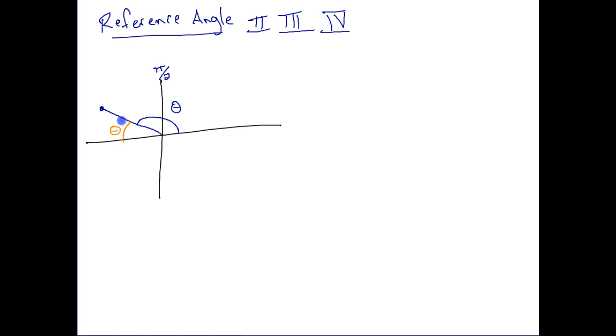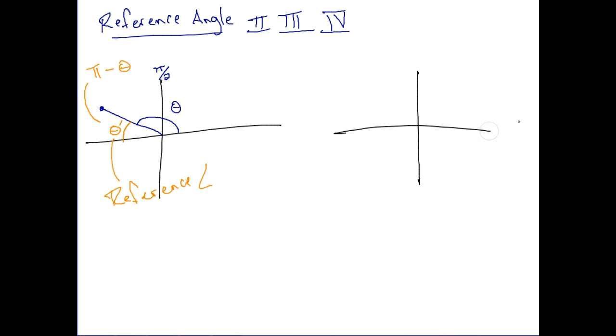And we call this theta prime, or our reference angle. And this is our reference angle. Okay, so now in this case, what would that equal? Well, this is just going to equal pi minus whatever theta is, because it's our supplement to our angle. Okay, well, let's look at a different situation. Let's say we're in the third quadrant.